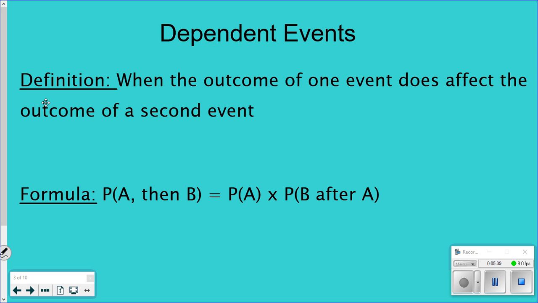All right, so this time, it's when your first event does affect your second thing. Okay, so here's an example of this.